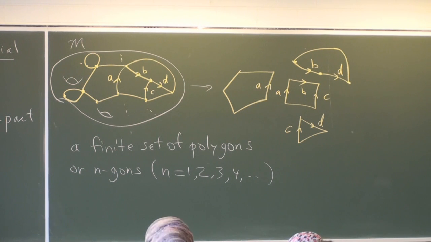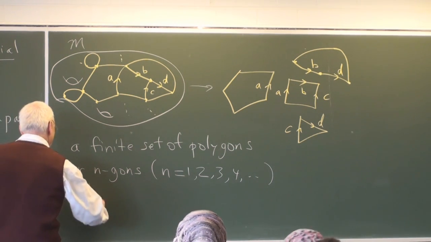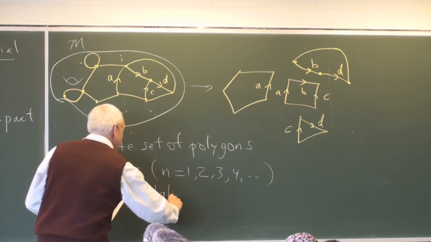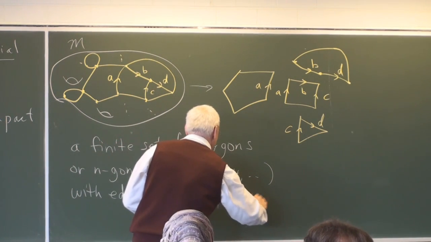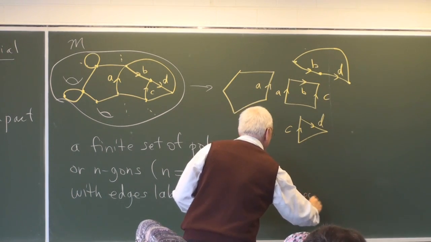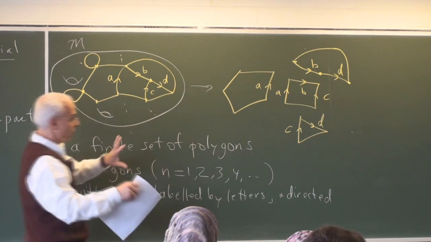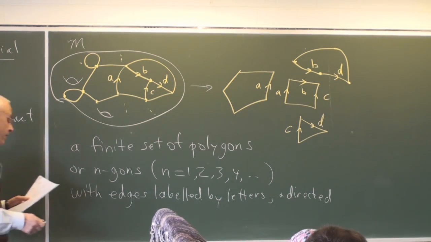So we have a finite set of polygons, or n-gons, with edges labeled by letters and also directed. In other words, the edges have little arrows that tell us which way to glue two edges with the same label.